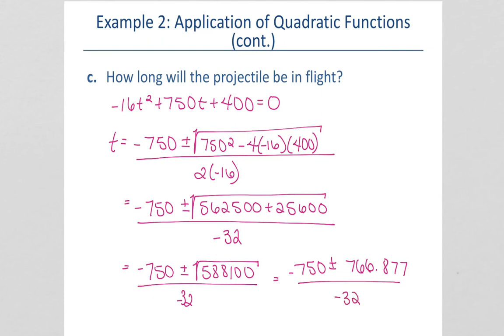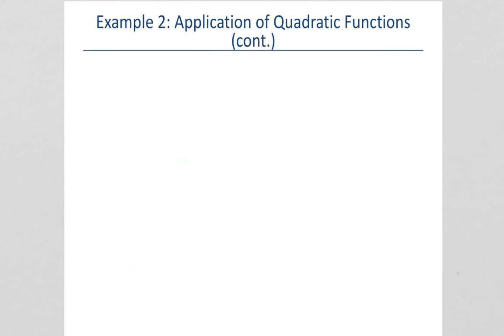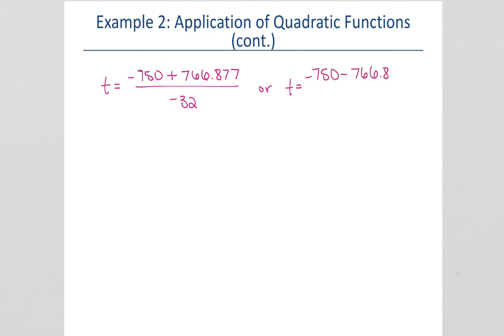So we've got two situations here. t could be negative 750 plus 766.877 divided by negative 32. Or t could be negative 750 minus 766.877 divided by negative 32.